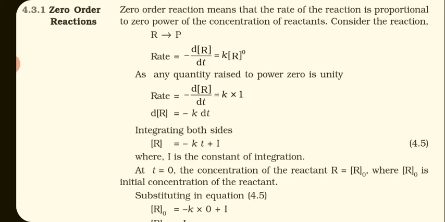For this reaction, the rate of chemical reaction is equal to minus d[R]/dt is equal to k multiplied by the molar concentration of reactant R raised to power 0, by the differential rate equation. Now, as any quantity raised to the power 0 is unity, or its value is 1, minus d[R]/dt becomes k into 1.